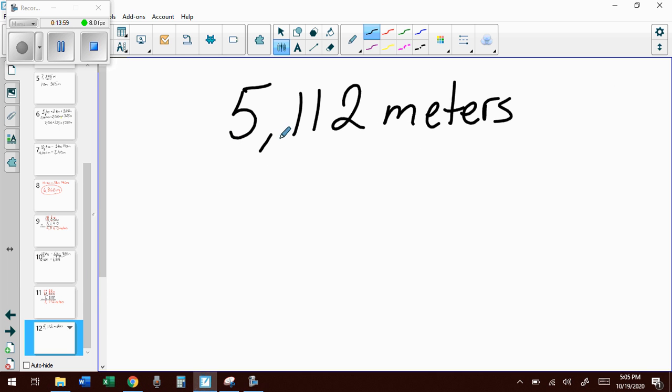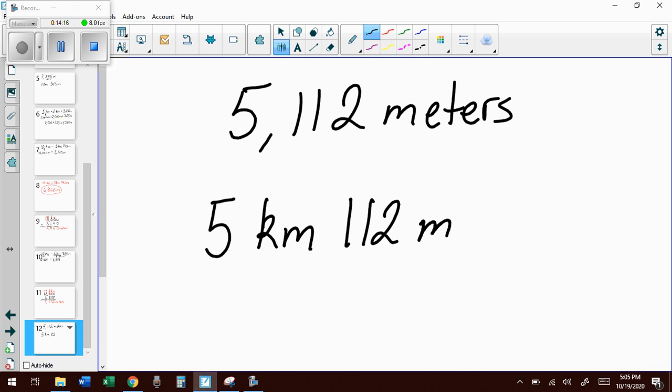So 5,112. How many kilometers do I have here? 5 kilometers. And what's my leftover? 112 meters.